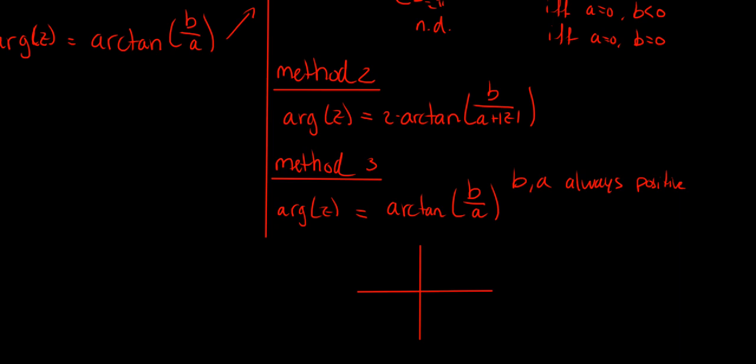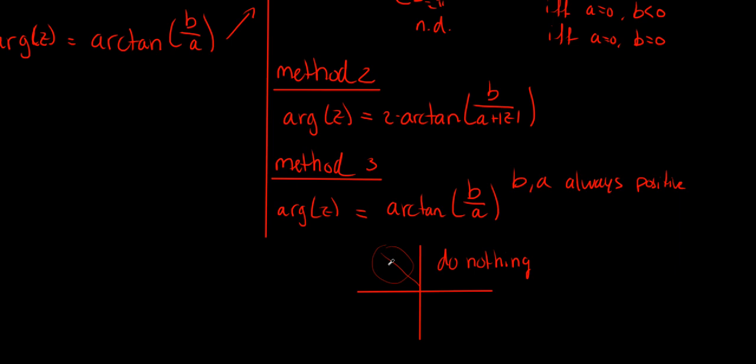If b and a are already positive, then I do nothing, because I am here in my complex plane, on the right side. If I'm to the left here, it means that I have actually flipped around my angle, because I've taken my a to be positive while it was negative. So that just means that I have to do pi minus my answer.